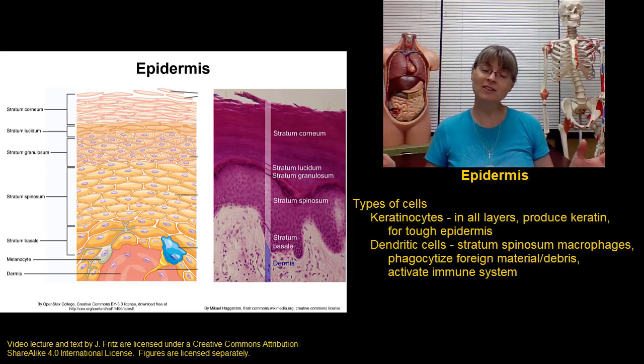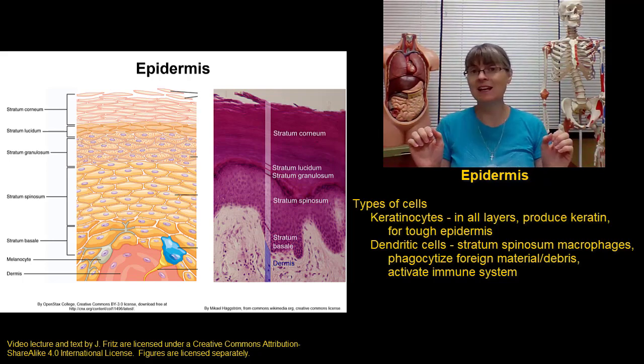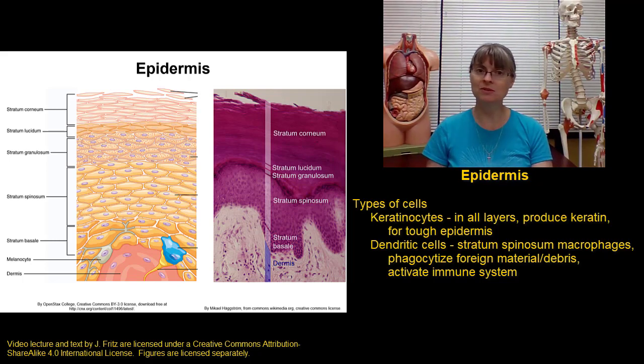And so to help protect the epidermis, we have a number of these dendritic cells that sort of branch out, and they watch the epidermis for anything getting in that doesn't belong. And if it does, they will phagocytize it to help protect the deeper layers of the skin. They're also important for activating the immune system. So if something that doesn't belong gets into the epidermis, these dendritic cells can find it, phagocytize it, and then activate the elements of the immune system that are necessary to fight it.